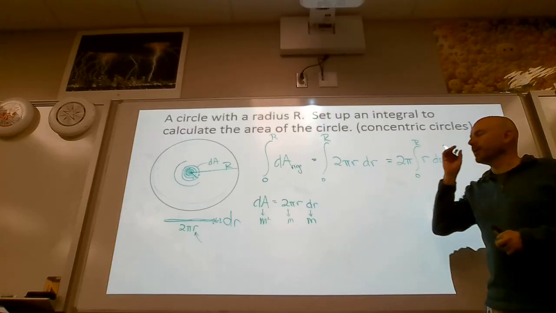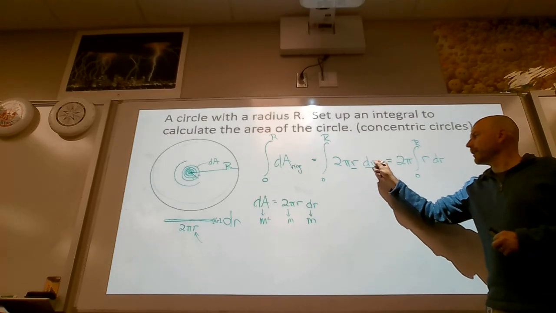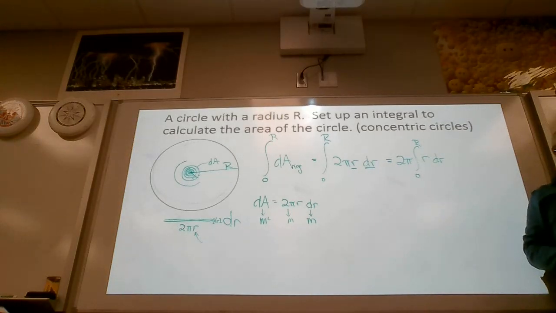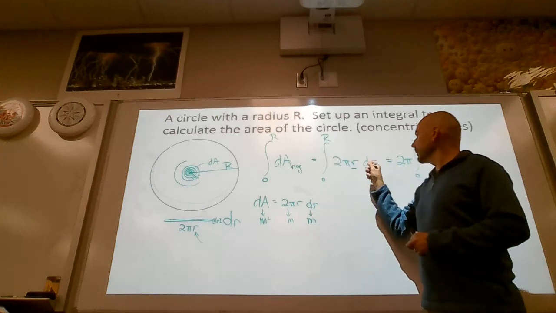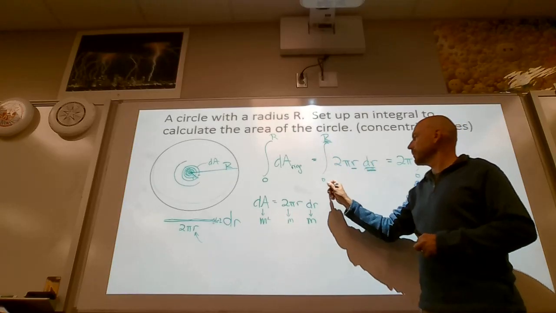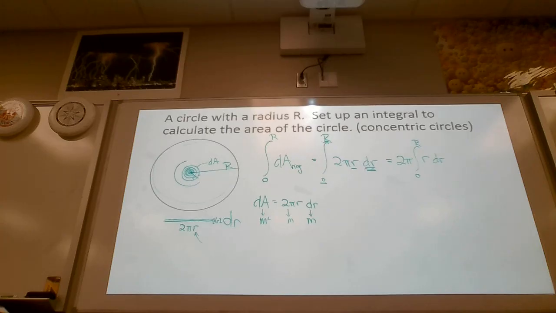Before we dive into this, the units of this and the units of this must agree before we can take the integral. That's your double check. That's your quality control. Did I hit this right?